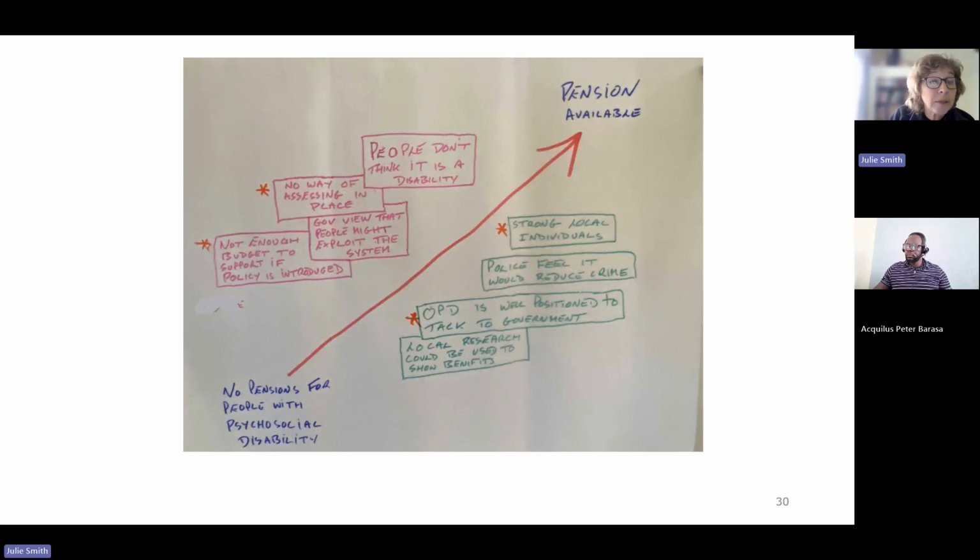And you've got the police who feel this would be a good idea because it might stop some of the issues in the community around people with psychosocial disability. So you look at these forces one way or another, and you help to feed that into your plan.